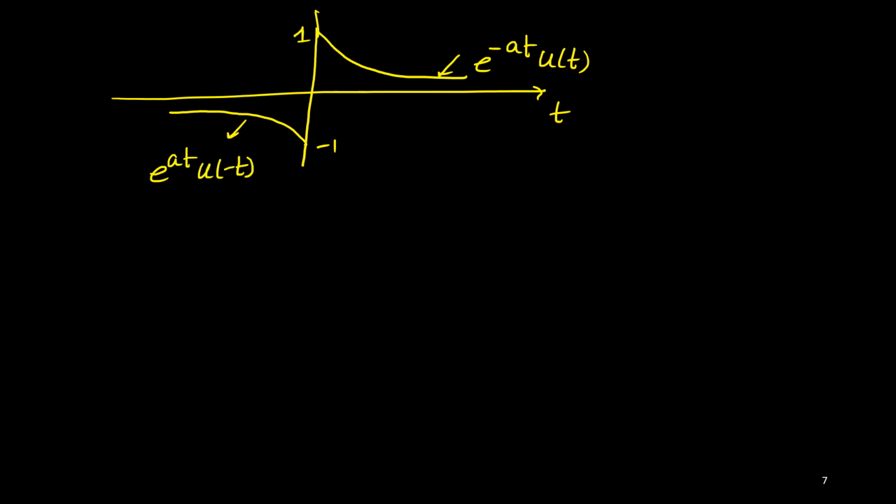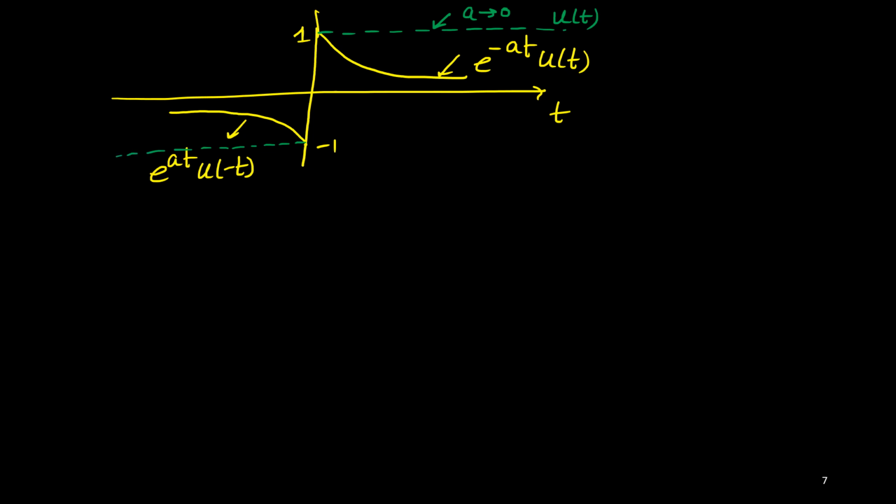Now if you put a tends to 0, e to the power 0 equals 1, only u(t), so you will get only this one. This curve is with a approaching 0, and that is nothing but u of t. And this side as well will not decay.